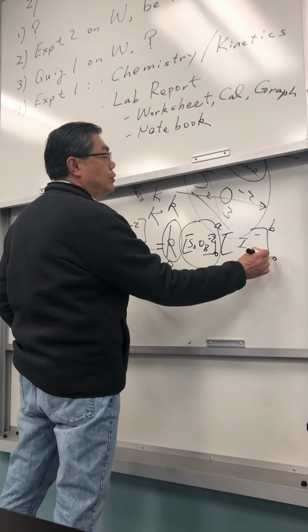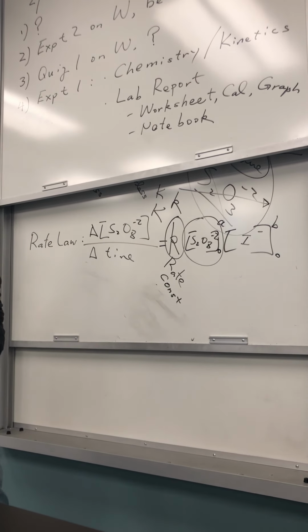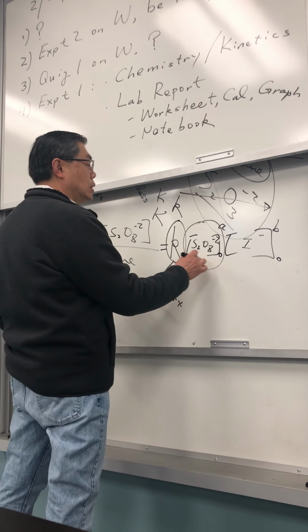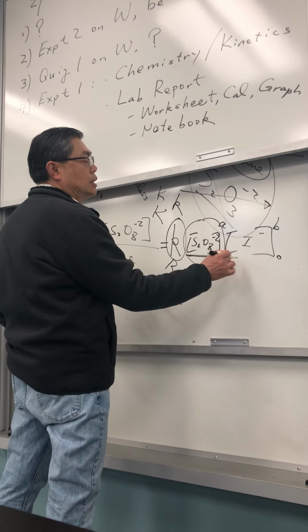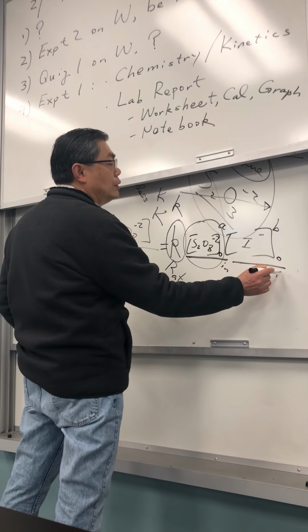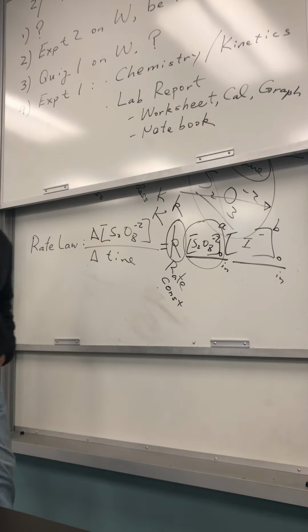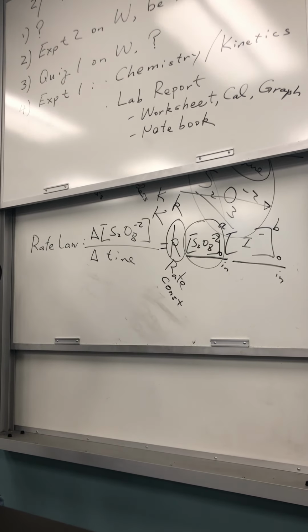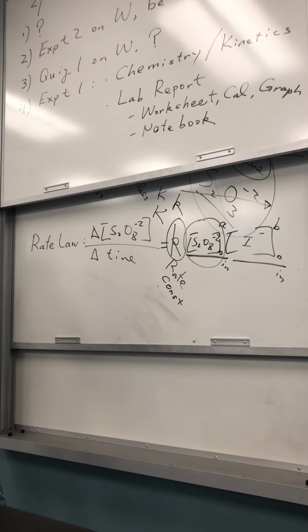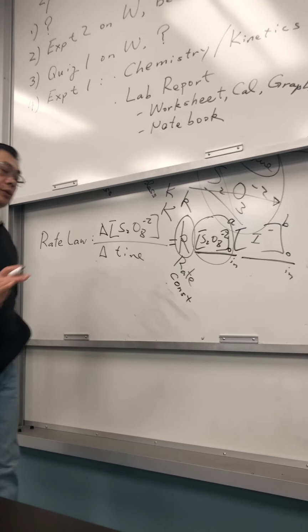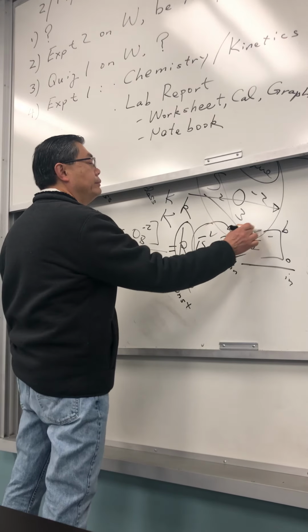We refer to initial because the approach or technique we use is the initial method. So the concentrations of peroxide disulfate and iodide are initial concentrations. Because you make whatever concentration for your reaction, so you do it, so you know it. So we know this.